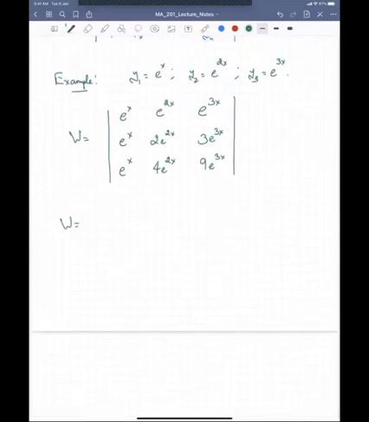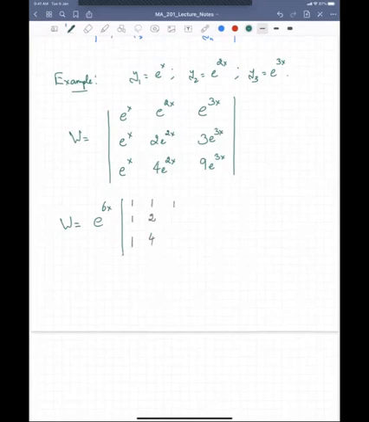The easiest way to do this is to pull out a factor of e to the x from the first column, e to the 2x from the second column, and e to the 3x from the third column. So you have an overall factor of e to the 6x. So you have 1, 1, 1, 1, 2, 4, 1, 3, 9, and you can check that this obviously is non-zero.